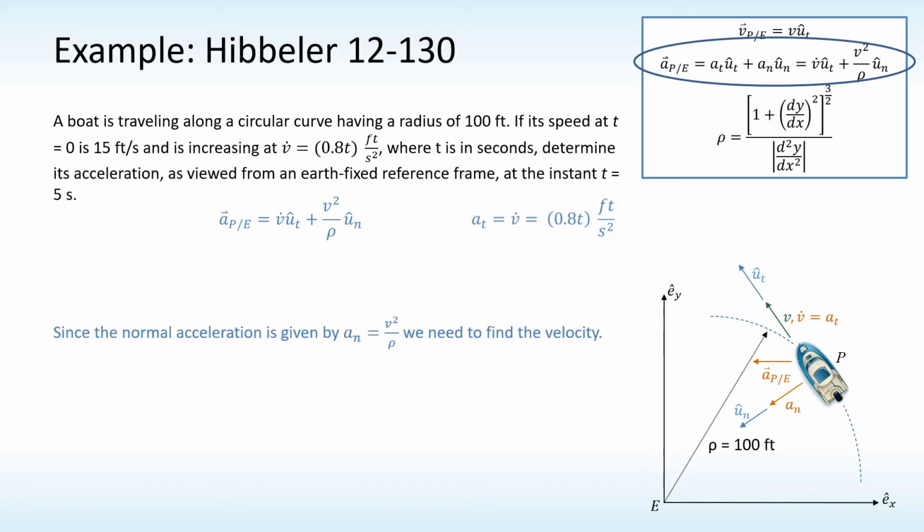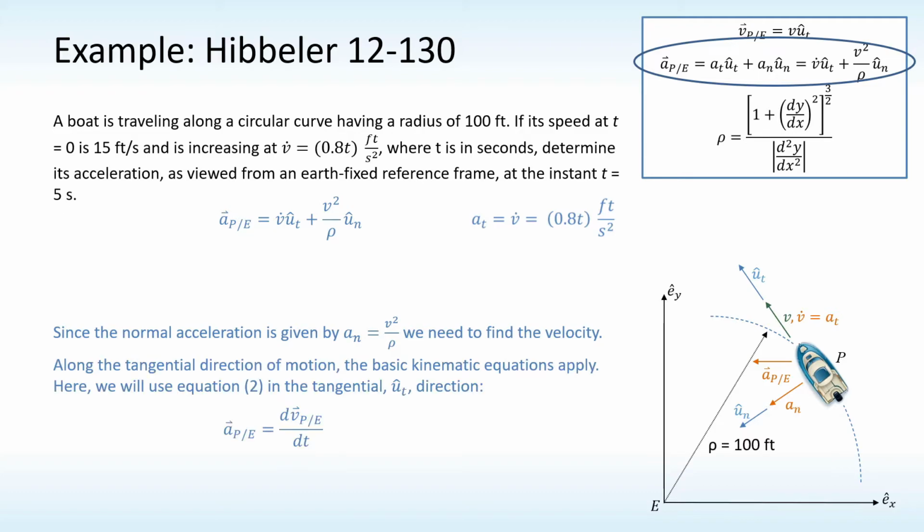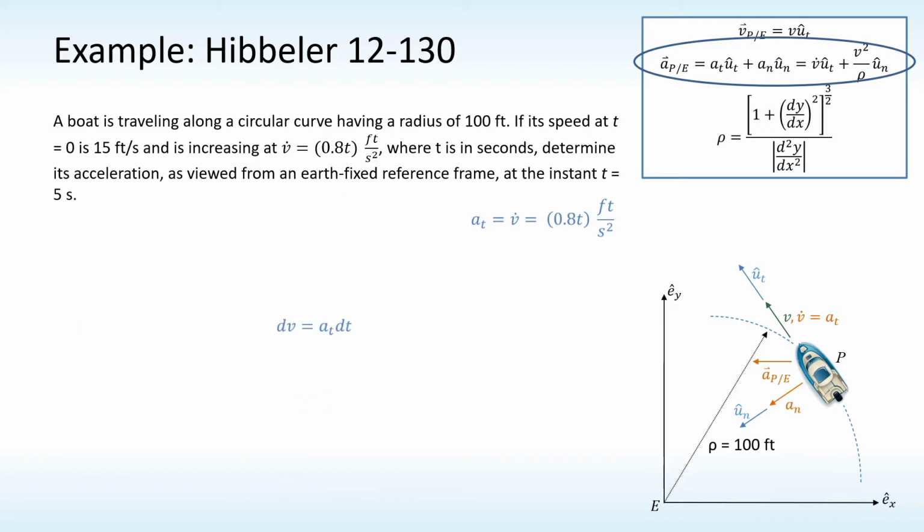This is given by v squared over rho, so we'll need to find the magnitude of the velocity. Recall that along the tangential direction of motion, the basic kinematic equations apply. So here we'll use kinematic equation 2 in the tangential direction. And then rearrange. And now we can integrate, remembering that the initial speed is 15 feet per second.